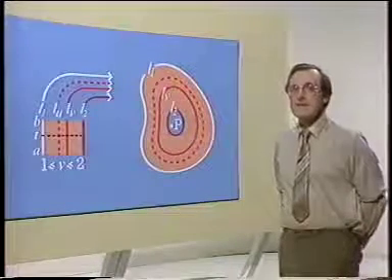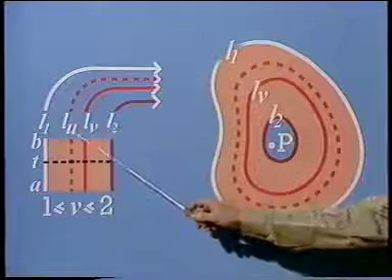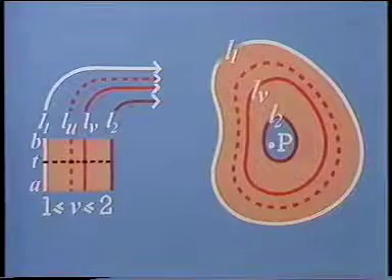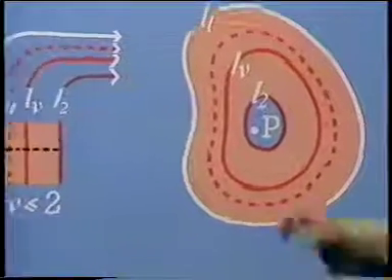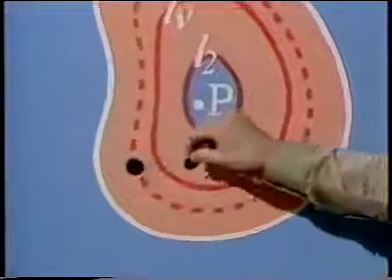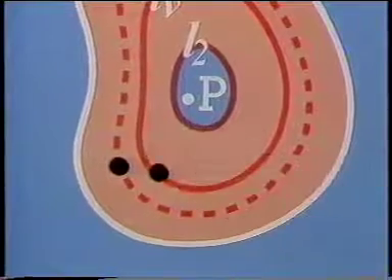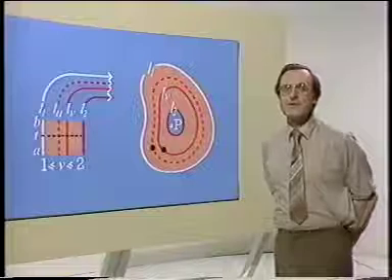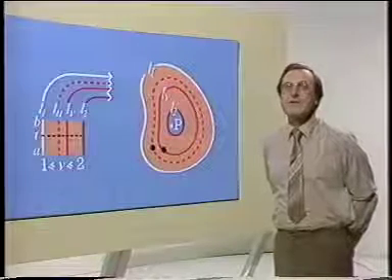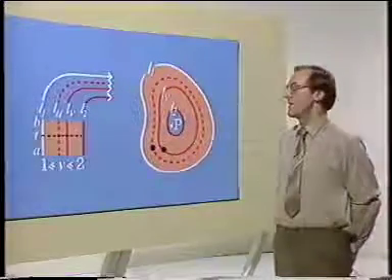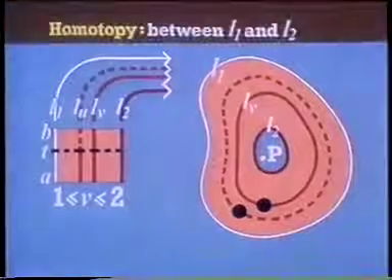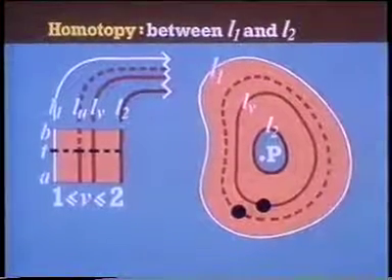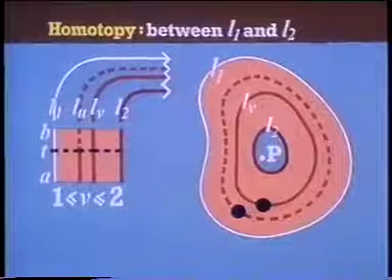If we consider any two numbers v and u which are close together, then for each point t in the interval AB, Lu of t is close to Lv of t. So that's what's meant by continuous variation between two loops L1 and L2. And we give the idea a special name. We call it a homotopy between the loops L1 and L2, or we say L1 and L2 are homotopic.